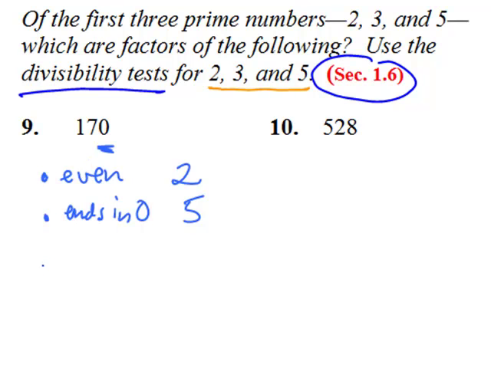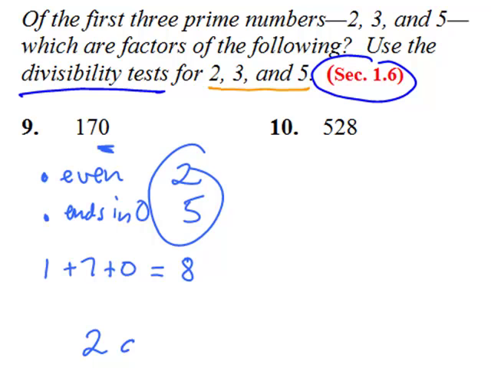Now 3 is not a factor, and that's because if we add the 1 plus the 7 plus the 0, we add those digits, it equals 8. And because 8 is not a multiple of 3, which is the test for 3, 3 is not a factor of 170. So the only factors we have are 2 and 5.